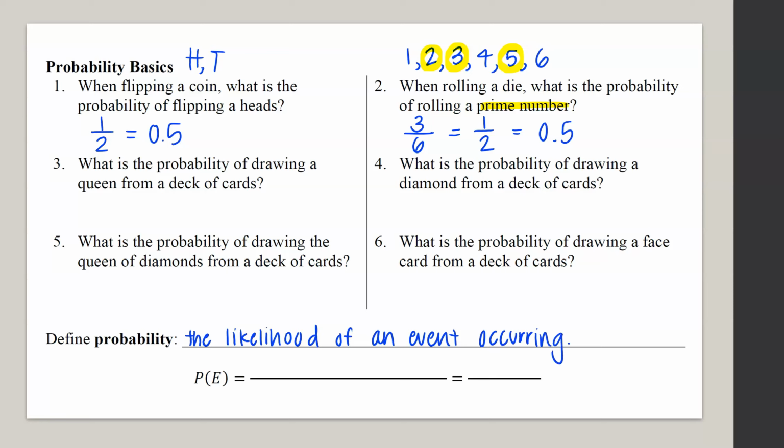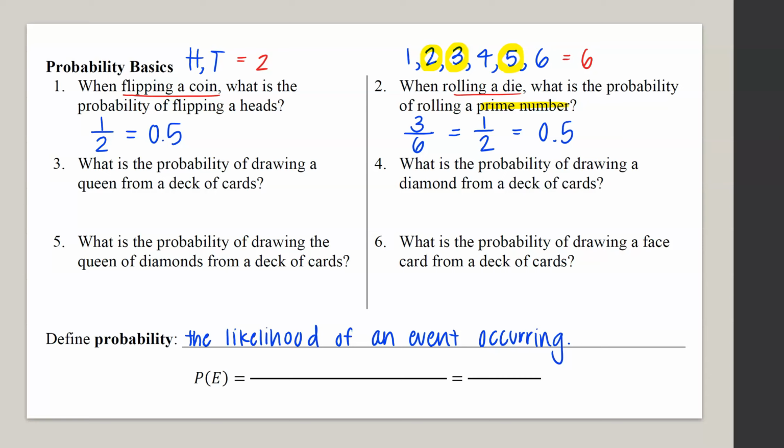What you see here is the probability of an event, and how you would find the probability of any event occurring is always, we first look for the total number in our entire sample. So for number 1, for example, when you flip a coin, there were 2 possible outcomes. When rolling a die, the sample space, the total number of ways that this can happen, is 6 different outcomes.